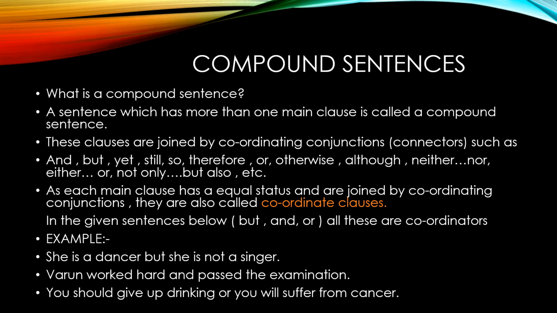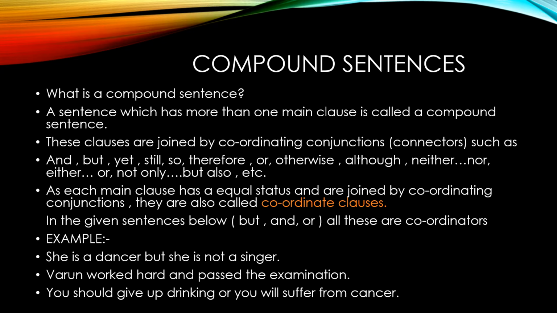That is, it can have two main clauses, independent clauses, but they are joined by coordinating words or connectors such as and, but, yet, still, so, therefore, or, otherwise, although, neither nor, either or, not only but also, etc. As each main clause has equal status and they are joined by coordinating conjunctions, they are called coordinate clauses. In the given sentences below, but and and are coordinators.